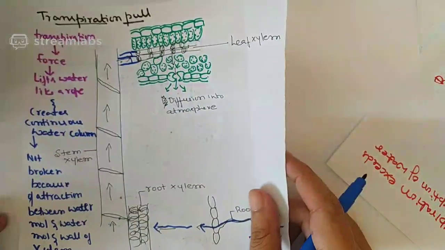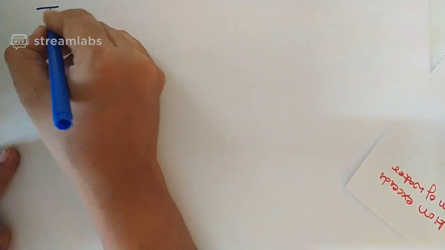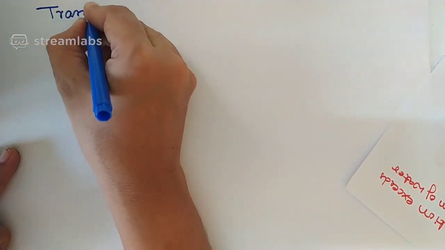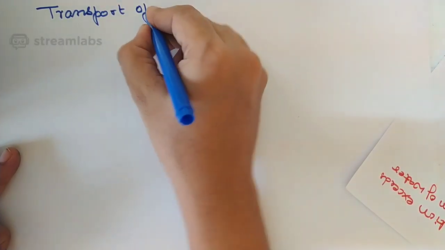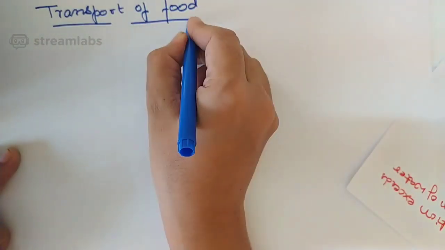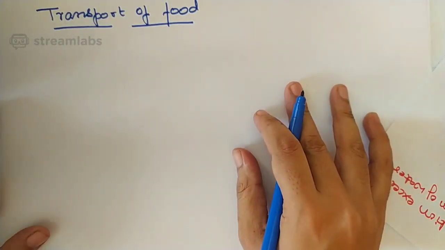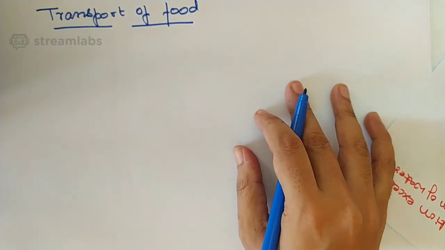Okay, so next we'll move on to transport of food. We have already studied that transport of water is through xylem, then transport of food is through phloem.